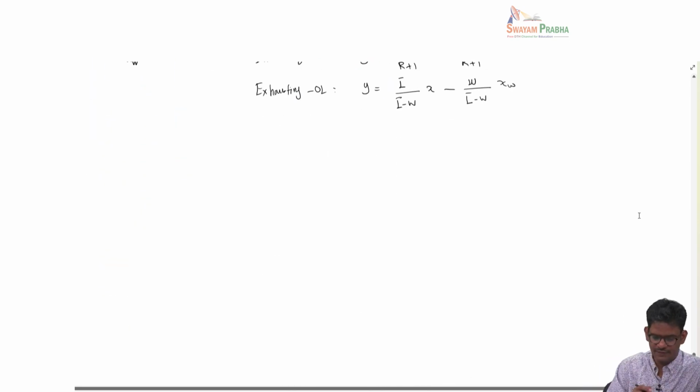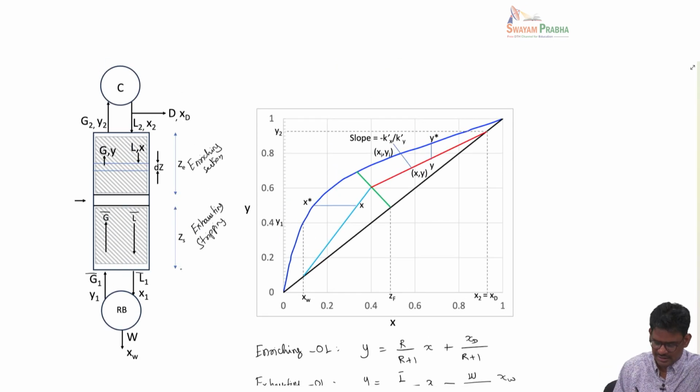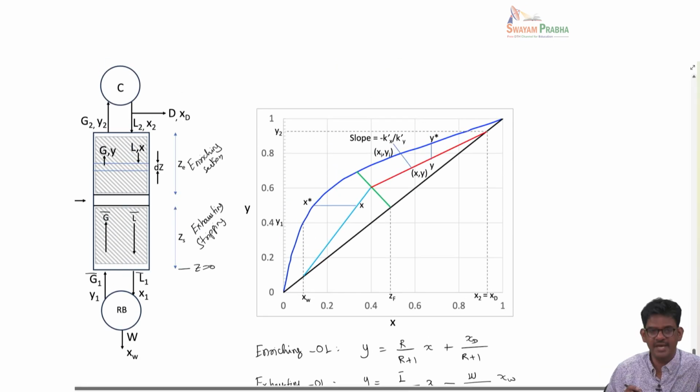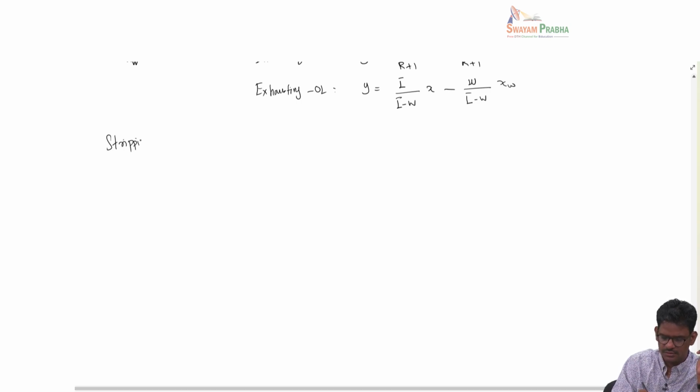Okay, so first we will measure the height from here. The base of the column is z equal to 0. From here onwards, first we will take the stripping section. We will do the design equation for the stripping section, and after that we will do it for enriching. Stripping section or exhausting section, both mean the same.